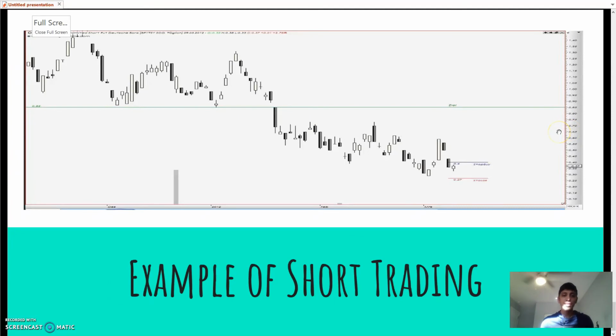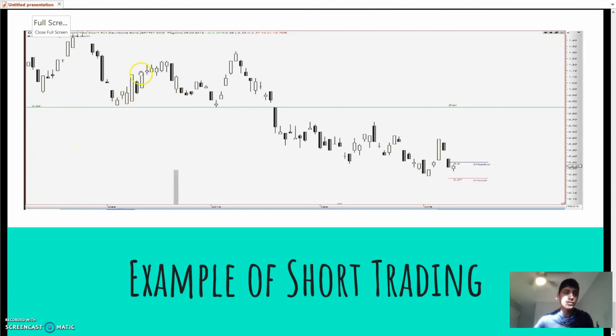Now, this is an example of short trading, which is the complete opposite of long trading. You want to sell high so you can buy low. Here, as you can see, this is support.